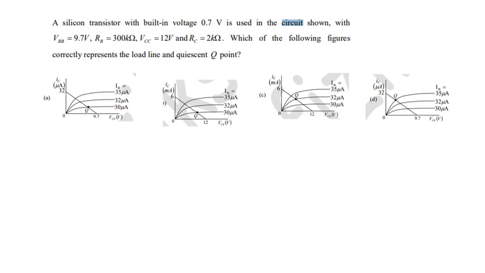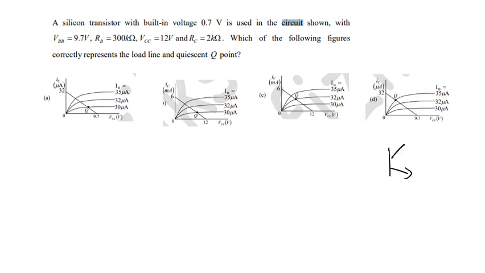Now, a silicon transistor with a built-in voltage of 0.7 volt is used in the circuit with VBB equal to 9.7 volt, RB equal to 300K, VCC equal to 12 volt, and RC equal to 2 kilo ohm. Which of the following figures correctly represents the load line and the Q point? In this question, the circuit diagram is a common emitter configuration circuit.